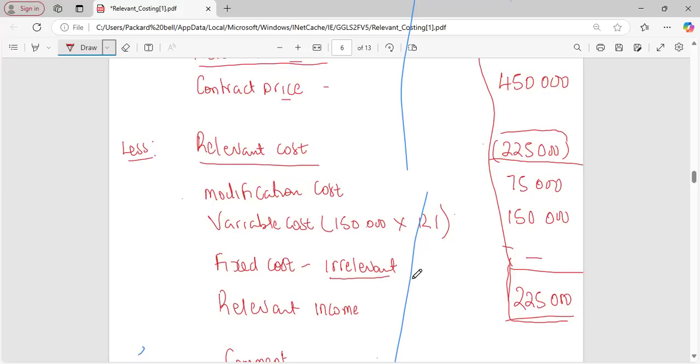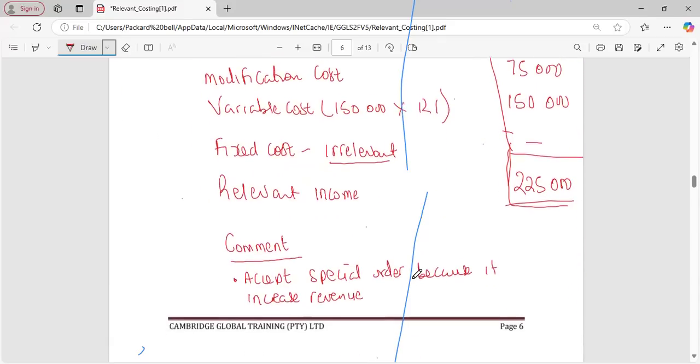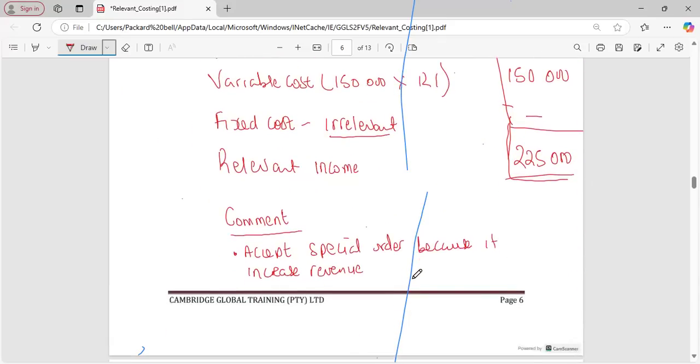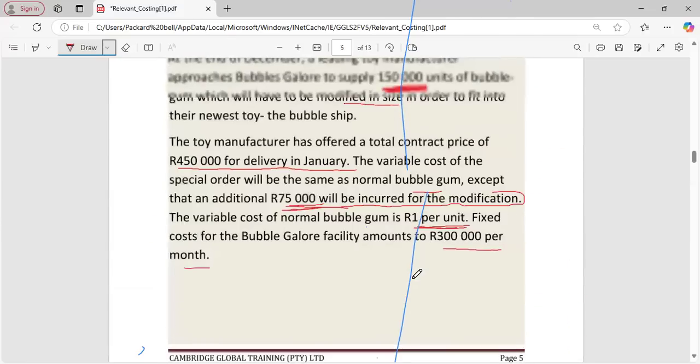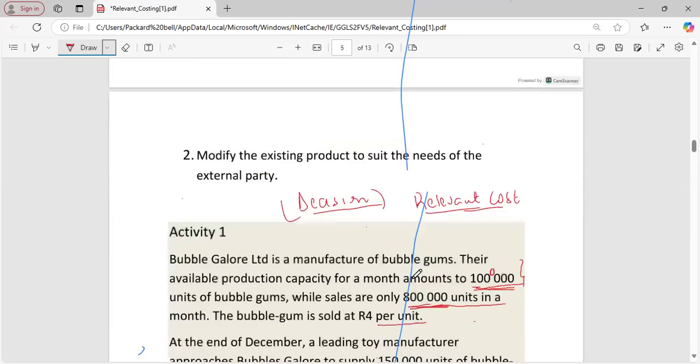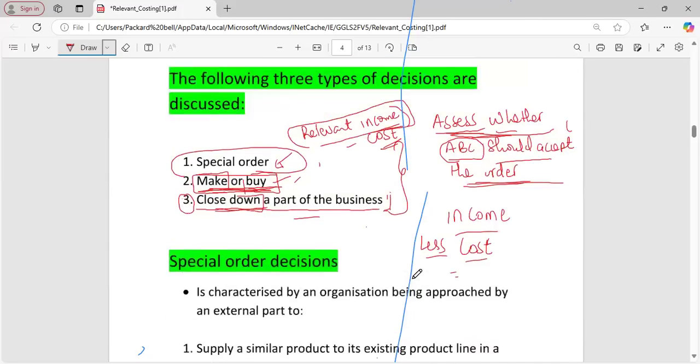Unless, like here, let me just take something here. Where you compare two items is a situation like make or buy. I think that's what we are going to do now, the next thing that we're going to do. This is the only way you can compare.